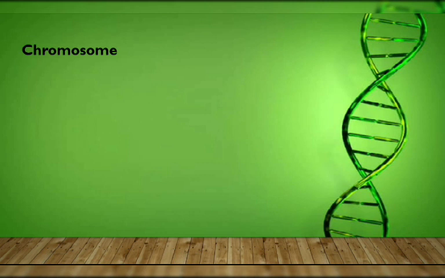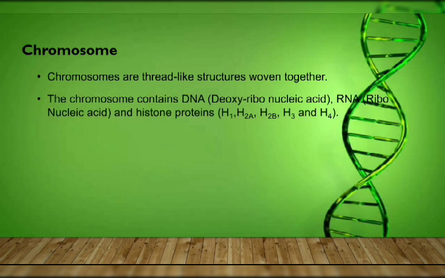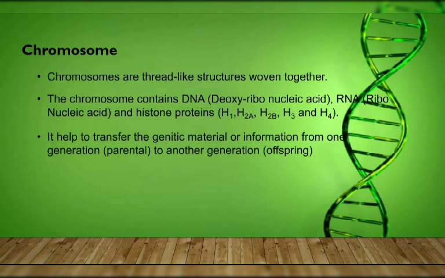When we see one chromosome, we see that two arms are there, called chromatids, combined in the center at the centromere. Chromosomes are made up of DNA, deoxyribonucleic acid, RNA, ribonucleic acid, and histone protein. Histone protein is basically of 5 types: H1, H2A, H2B, H3 and H4.